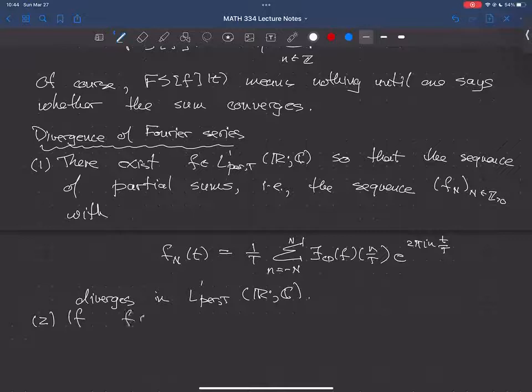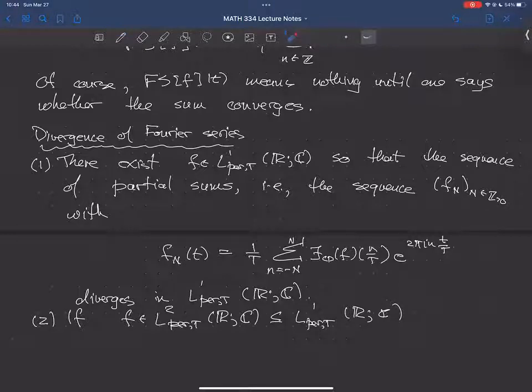So if F is in little L2, notice that first I'll just point out and recall for you why that's true. First of all, big L2 is in big L1.